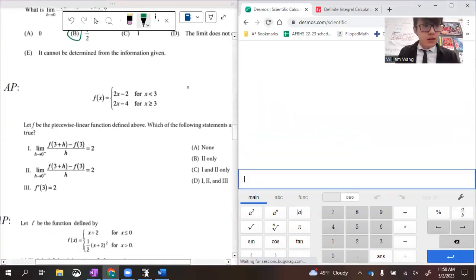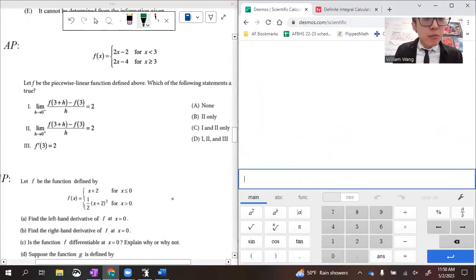All right, let's do this next question. Let f be the piecewise linear function defined above. Which of the following statements are true? Okay, well, this is saying, actually, I'll write it out. What is this saying? This is saying the limit as h approaches 0 from the left.